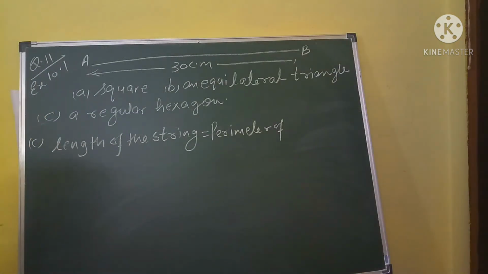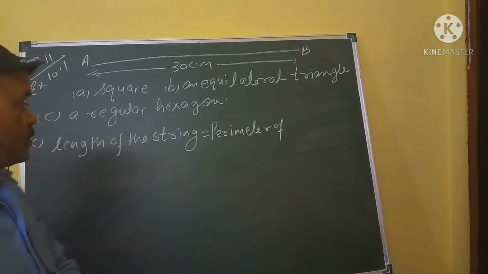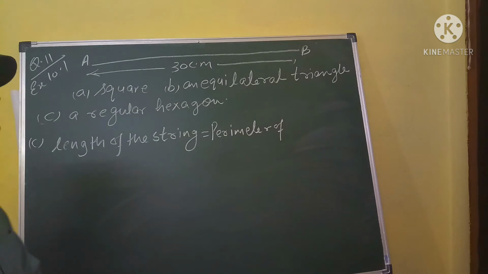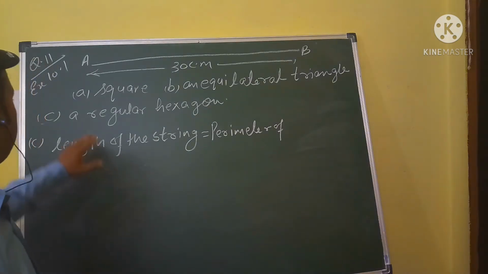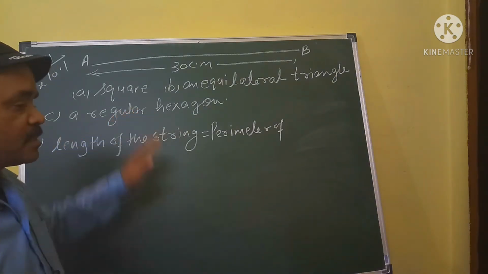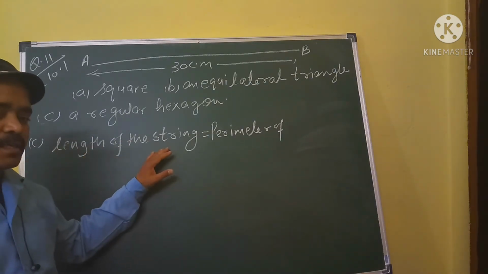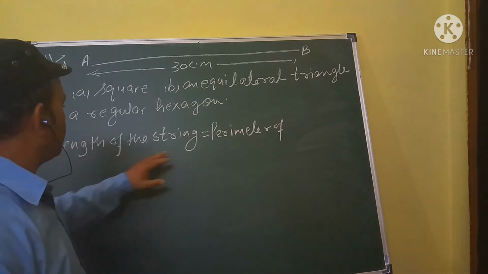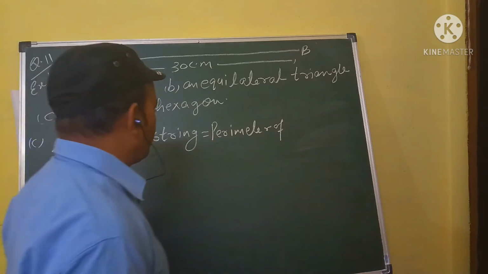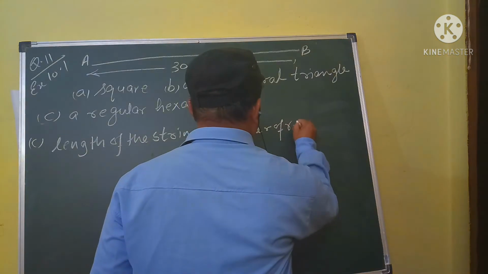Now, my dear student, we will find out each side of the regular hexagon. What is the length of each side of the regular hexagon? Now look here. In this question, the length of the string is equal to the perimeter of the regular hexagon.